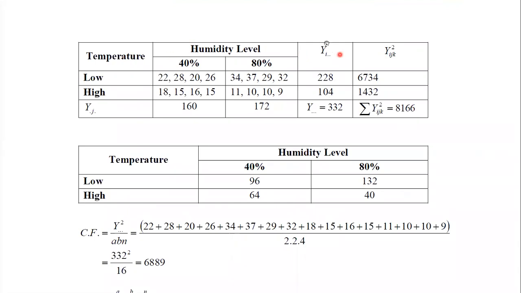Here y i double dot is the row totals. Two temperature levels were considered, low and high. For these two levels, the totals are 228 and 104. Then I need to obtain the column totals, denoted by y dot j dot.